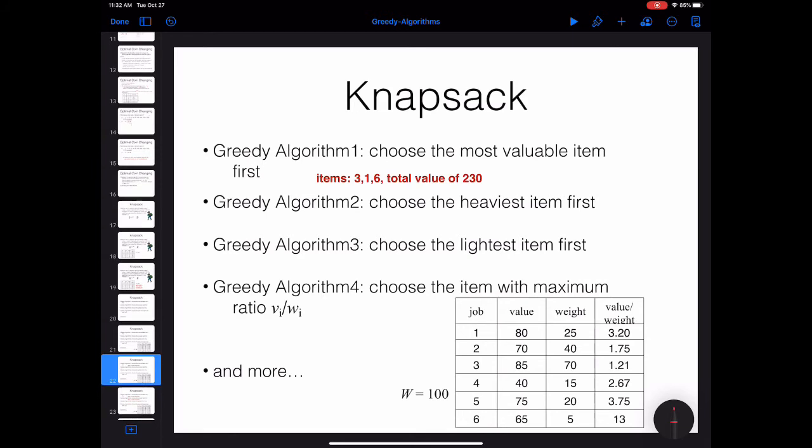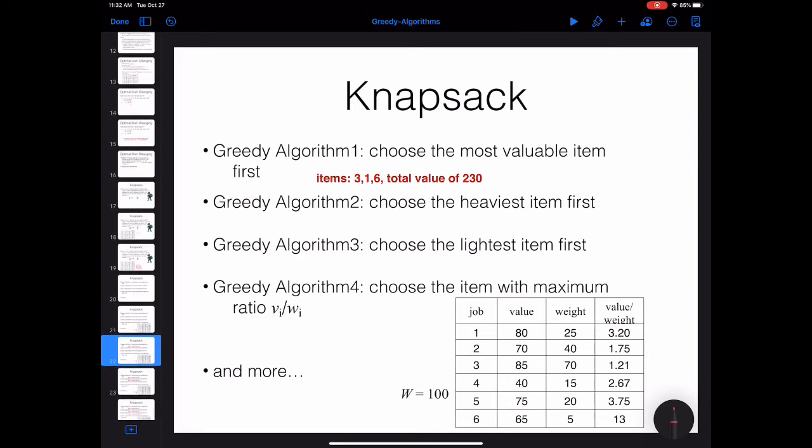right? The next strategy tells me to always take the heaviest one. Based on the weight, the heaviest one is again going to be 3, and after that you will have only 30 kilograms. Then you cannot take 2, you can take 1.